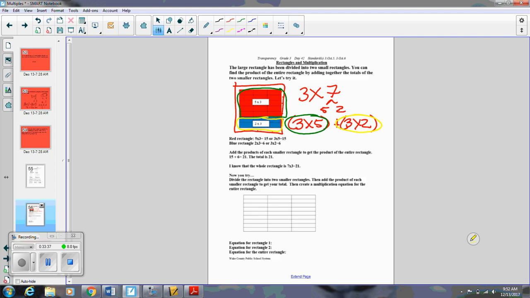Wow. And then when I smush them together, I get my 3 by 7. For those of you who are struggling to see that for a while, does this make it a little easier to picture what's happening when you break it apart? Yes. Yeah.